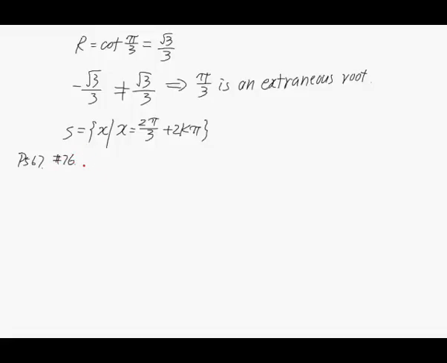We have such an equation: 2 times cosine square of 2x minus 8 sine square x times cosine square x equal to -1.